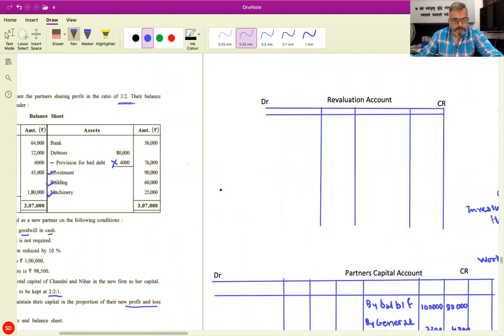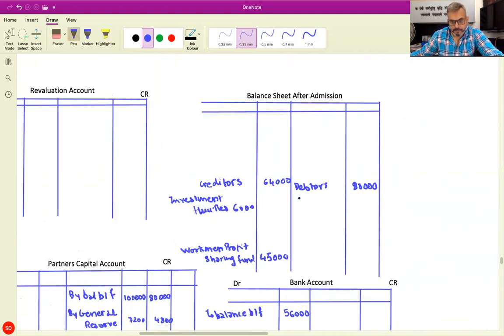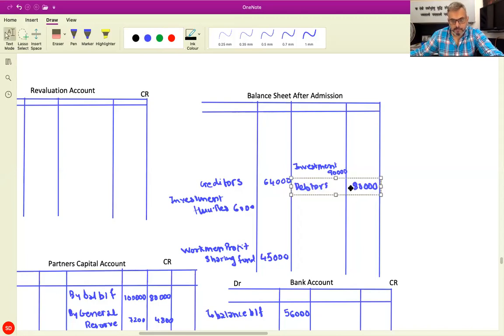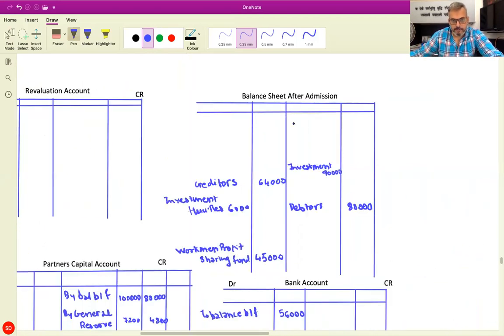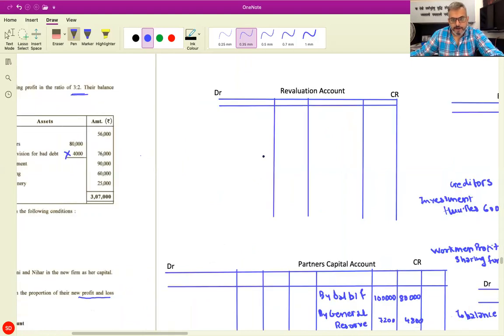Investment 90,000 in the inner column. Next, building 60,000 in the inner column. Machinery 25,000 in the inner column.